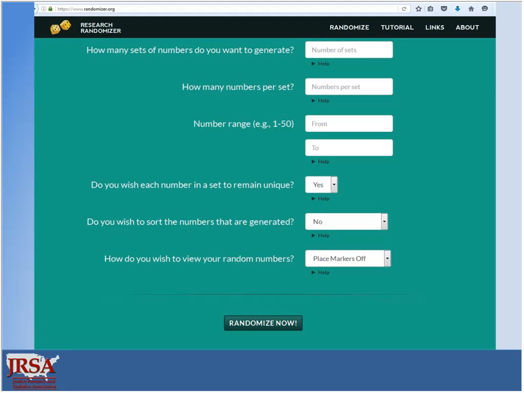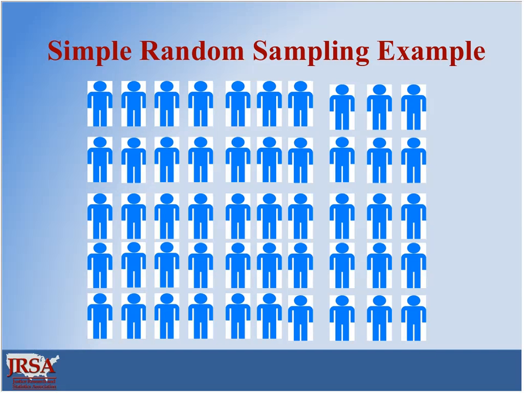What is the number range? 50 graduates equals 1 to 50. Unique values? Yes. And then generate. This could be whatever is a personal preference. I usually choose least to greatest. And then you press randomize now, and it will produce a list of numbers.